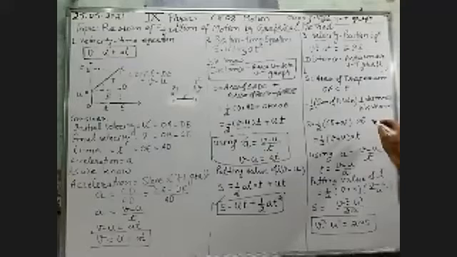Using the first equation, we know that acceleration A is equal to V minus U divided by T. From here we calculate the value of T by cross multiplication: V minus U divided by A will be equal to T. Putting this value of T in the above equation, we replace T by V minus U upon A. So what will be the result?